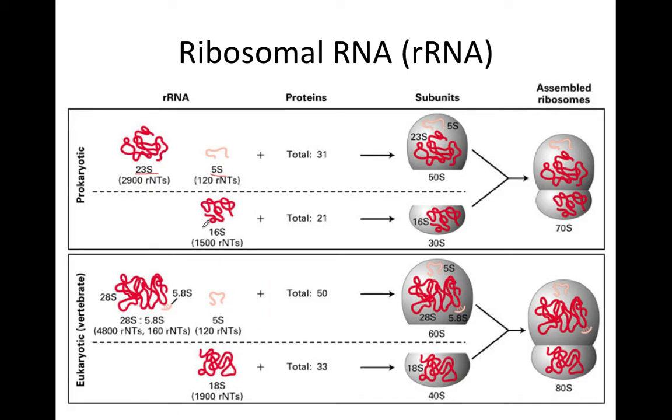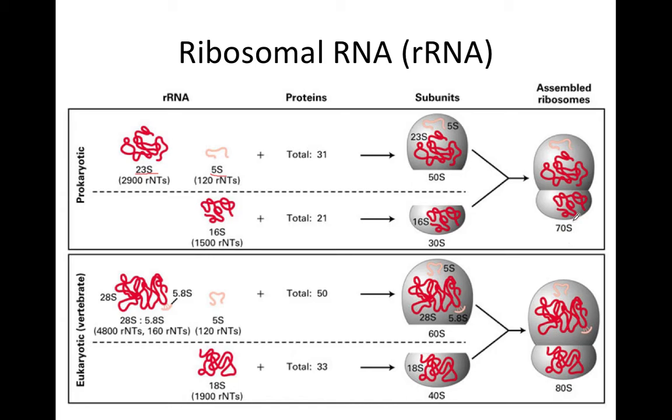These rRNA components plus the protein components form each of these individual subunits, and these subunits have to interact together to form an entire ribosome. The entire ribosome for eukaryotes is called the 80S ribosome, whereas the prokaryotic counterpart is called the 70S ribosome.